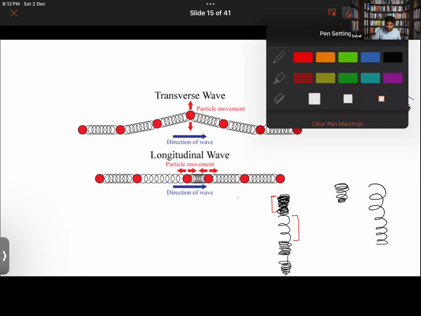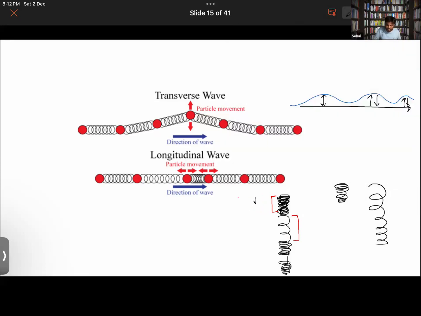यहाँ पर ये contract हो गई है, and then they have contracted. Now they are separated from each other like this. Basically the spring is moving in the forward direction like this. So you assume the spring direction is the direction of the wave, and these are the parts of the spring.